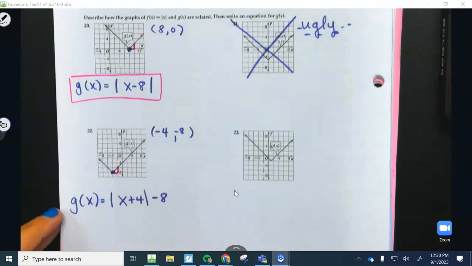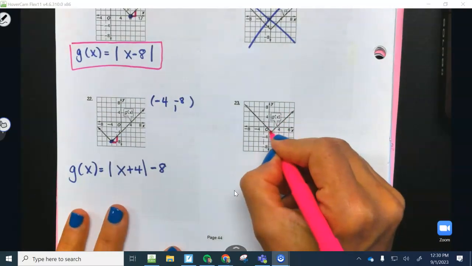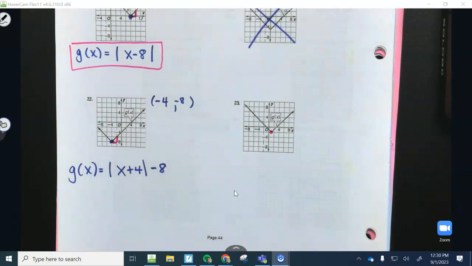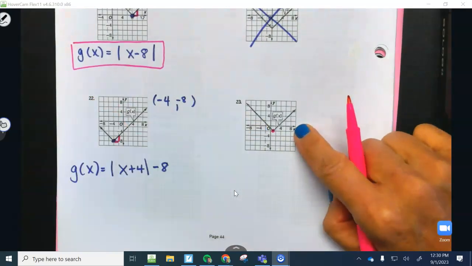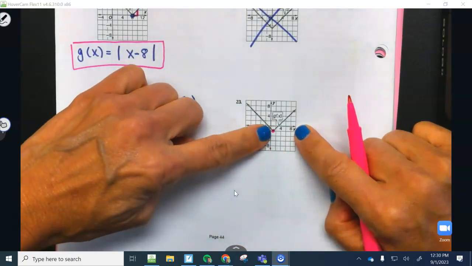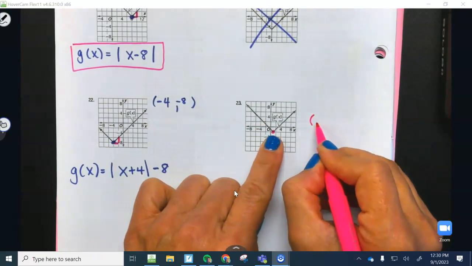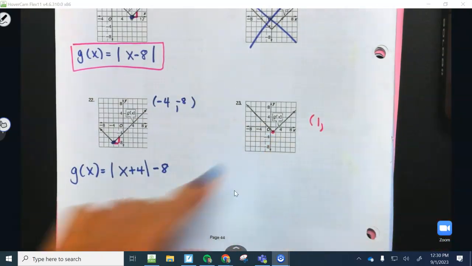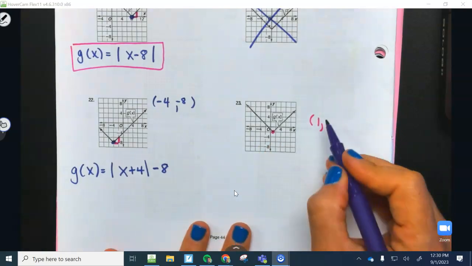Okay, let's take a look at this next one, number 23. Number 23 looks like it might be tricky, but it's not. And the reason why I say it might be tricky is because it has the h value kind of floating in the space. But if you guys notice your tick marks here, every increment is by 2. So if this is halfway in between 0 and 2, then I know my h value is going to be a positive 1. What's the k value?